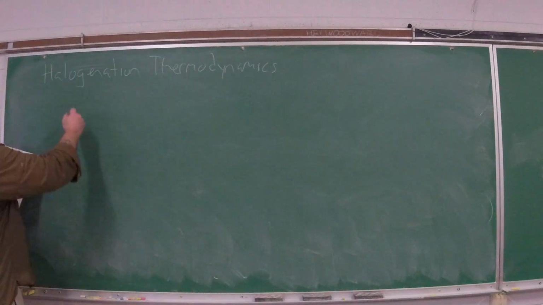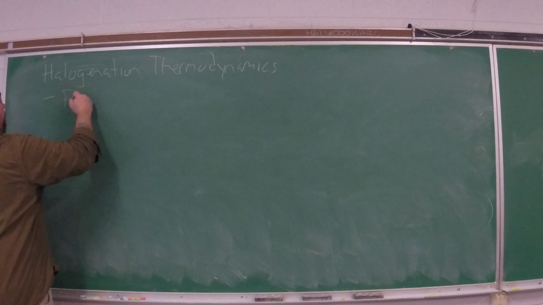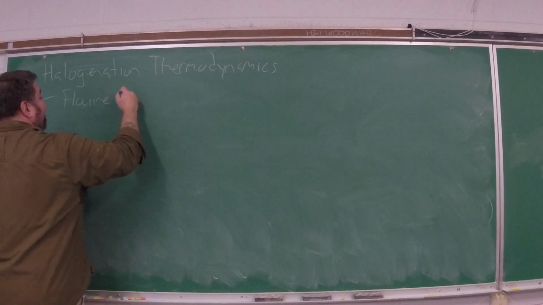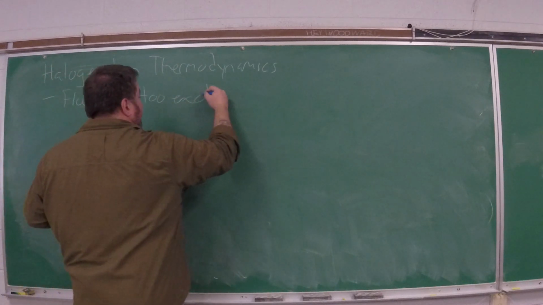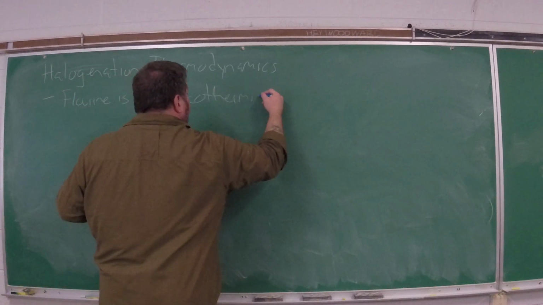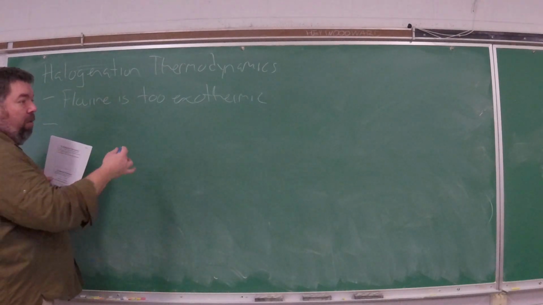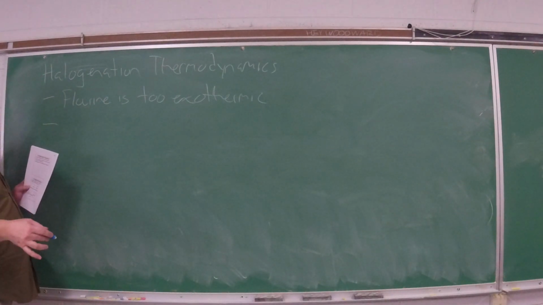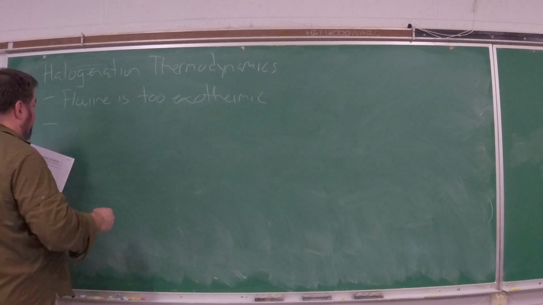All right, we're going to see again, halogenation with fluorine is too exothermic. And I've told you that in the past. That's why we usually don't use fluorine. But in this particular case, we don't use iodine because iodine, again, delta G turns out to be positive.